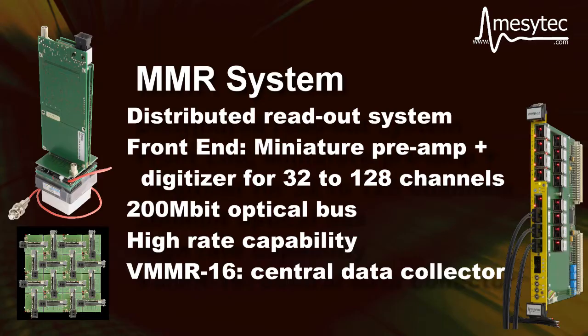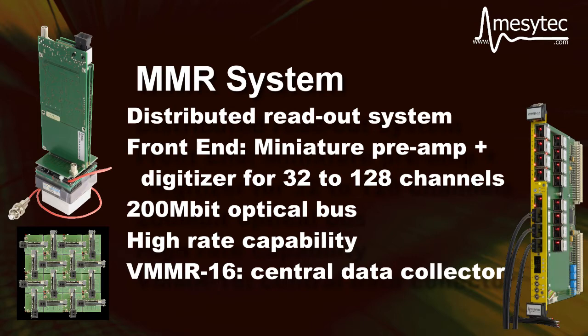For larger segmented detectors, we offer the MMR system. This works well with detectors such as multi-wire proportional chambers, silicon strip detectors, multi-anode PMTs, etc., from anywhere from 32 to upwards of tens of thousands of channels. Digitization and timestamping is performed in miniaturized detector front-end modules with 32 to 128 channels.